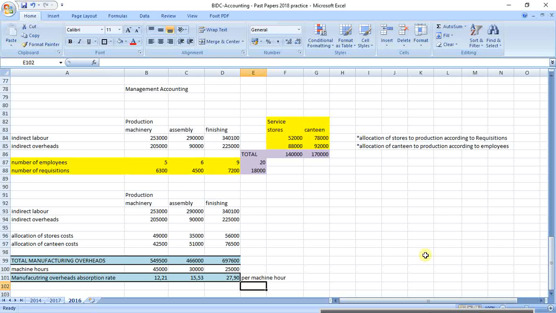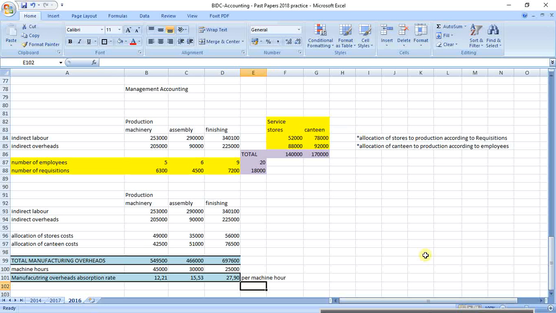So this was this divided by that, this divided by that, to get a rate. Because remember, a rate is something divided by something else. Like driving, speed is a rate. It's the distance over the time, kilometers per hour. This whole question, we have to do all these workings, allocate the costs, and then choose machine hours to get a rate, because you're looking for an absorption rate for your production departments.